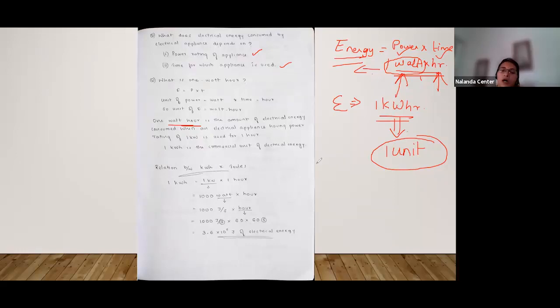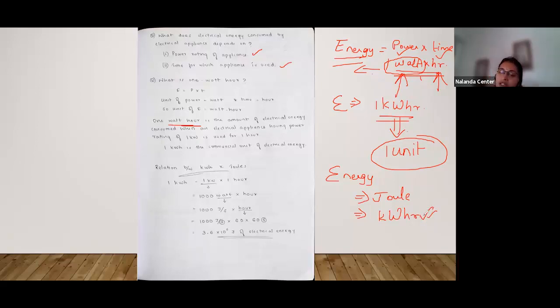So what is 1 kilowatt hour in terms of joule? See what all did we discuss? We discussed that the unit of energy can be joule. It can also be kilowatt hour. This is the domestic unit that we normally use.